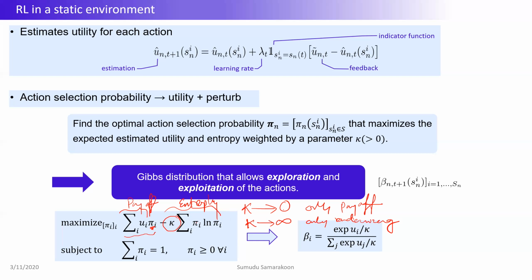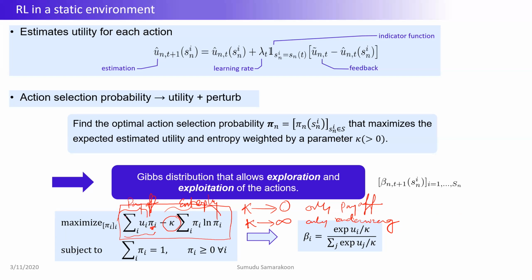So we give equal probability for every action, and we try to play each action with equal probability and observe the reward over time. By doing that, of course, there's equal chance to play the best actions as well as the worst actions. So what we actually need is to have a balance between these two components. That is why we ended up with this exact objective function.